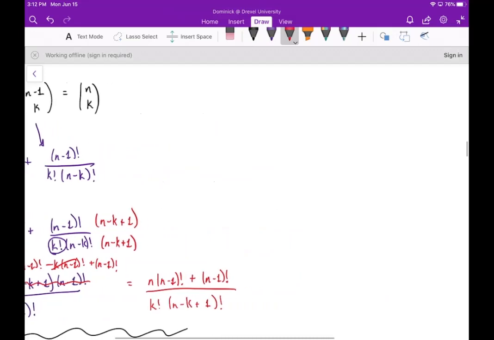Okay, so we're almost done. So it looks like in the top we can factor out an (n minus 1) factorial, and we're going to get an n plus 1, right, and then that's going to be over a k factorial times an (n minus k plus 1) factorial.